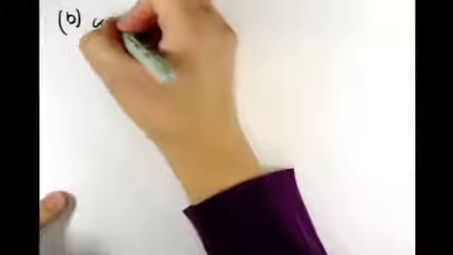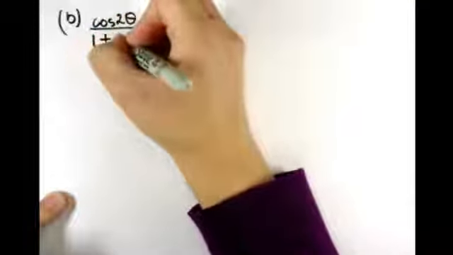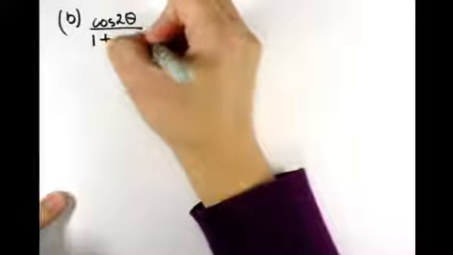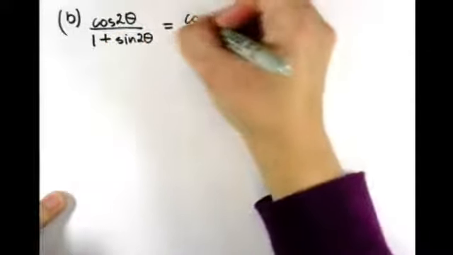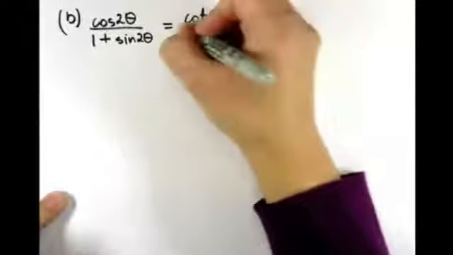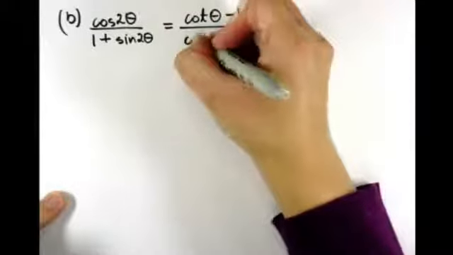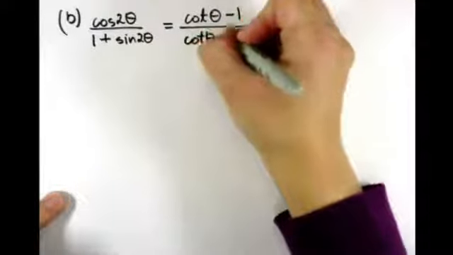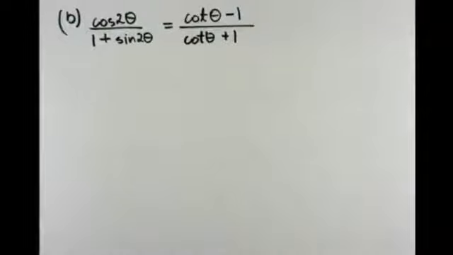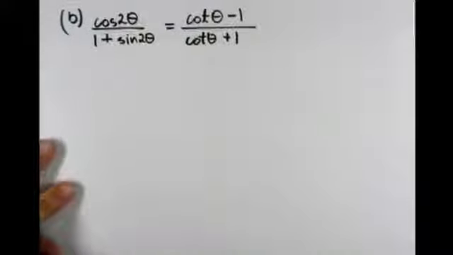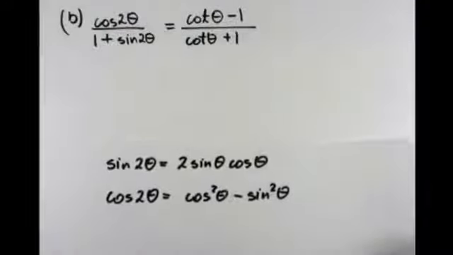Example B. We have cos 2 theta over 1 plus sine 2 theta is equal to cotangent theta minus 1 over cotangent theta plus 1. I'm using the double angle formulae.